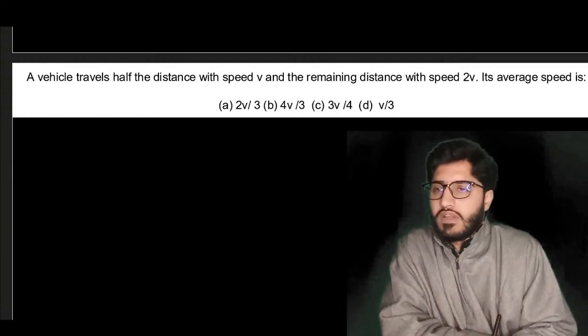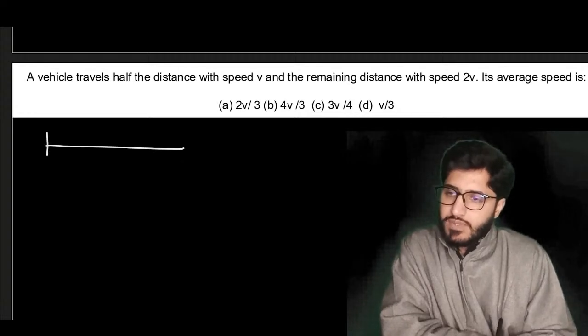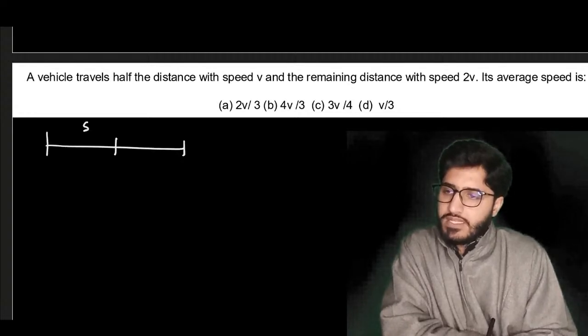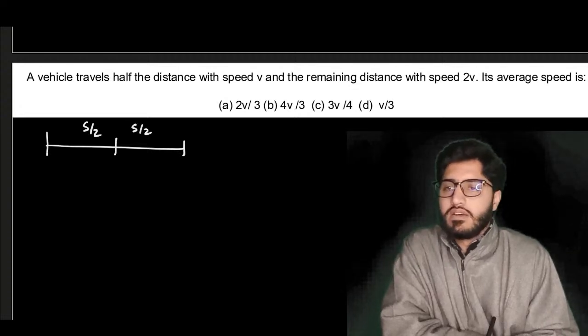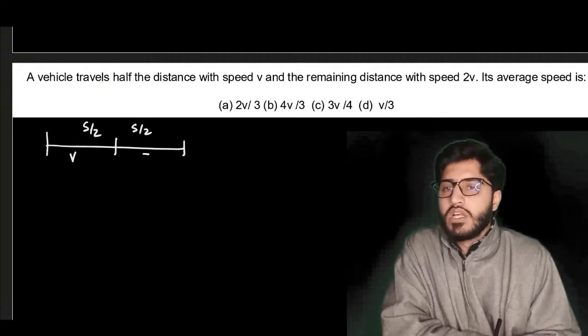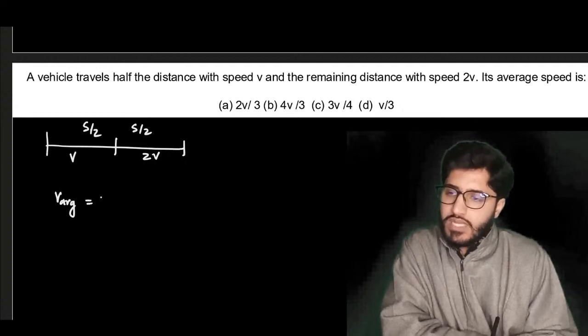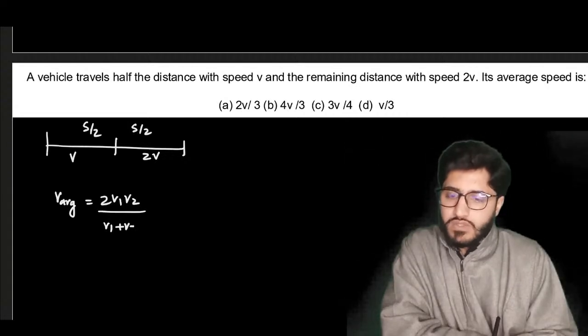So which formula can we use here? It is something like this, right? The first part is s by 2, second part is also s by 2, half of distance. And it is covering the first half distance with speed v and the next half distance with the speed 2v. Now what is my average speed? So it is 2 times v1 v2 divided by v1 plus v2.